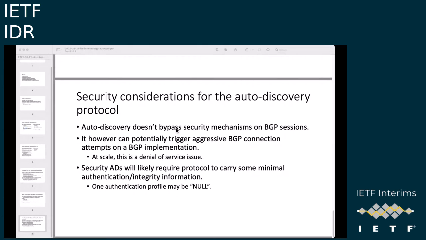So one example, particularly in the context of AS change, is if I receive an LSOE update from you and I don't expect the AS number that I'm seeing from you, I will not initiate a BGP session. As and when I see an update from you with the right AS number, I go up to BGP, register that, and say now is the time to open up the session.